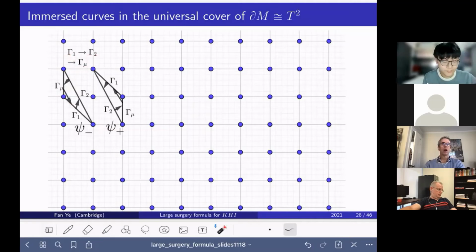And indeed, we can understand the positive and negative bypass exact triangles by these two different triangles in the universal cover. When we fix the slopes of the three arcs, there are two choices of triangles, and one of them corresponds to the negative bypasses and the other to positive bypasses.